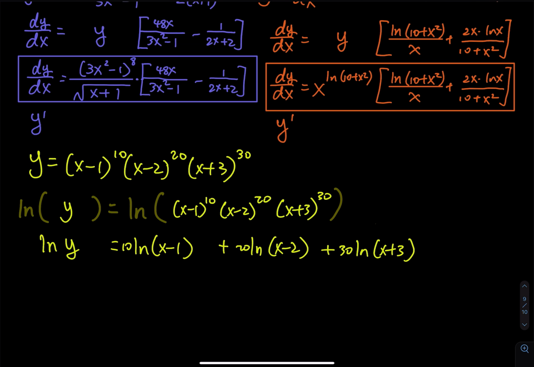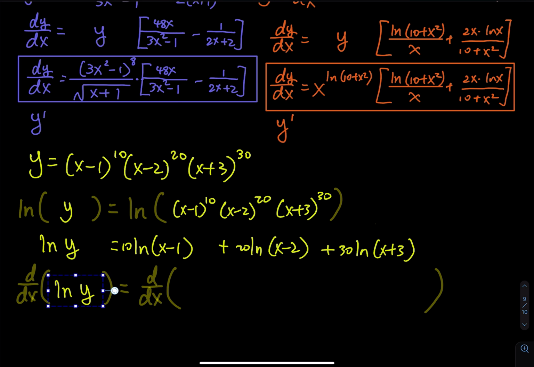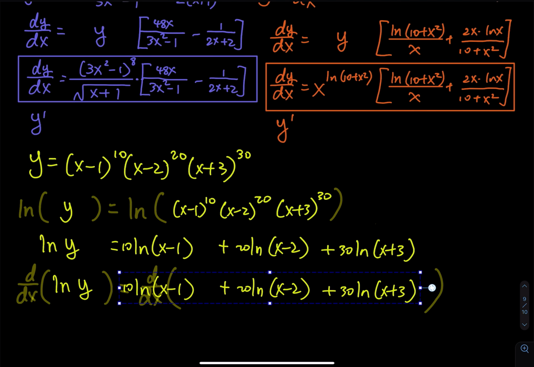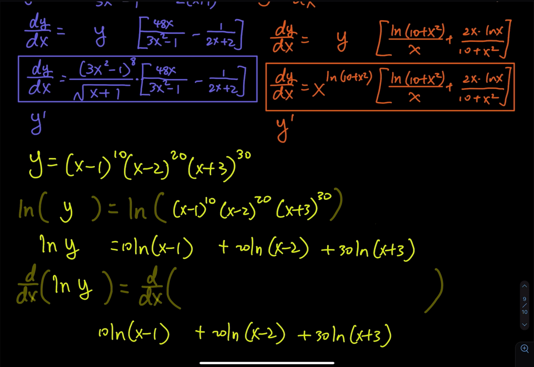So this is d/dx of the left-hand side equals d/dx of the right-hand side. Let's use the technology: I'm going to copy and paste. Of course, we need a little more space.